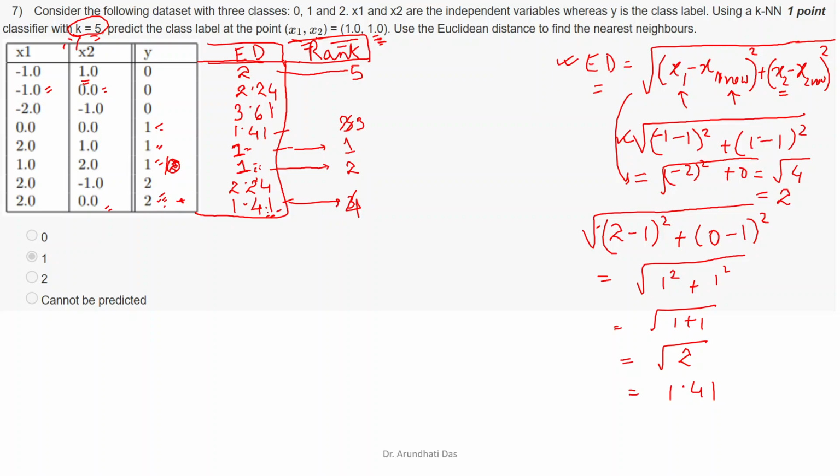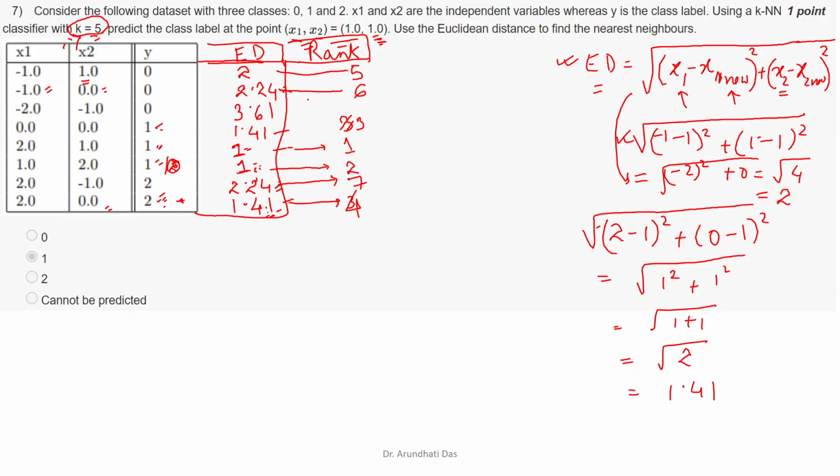Then after this, again this question has so many conflicts, right? Here 2.24 and the second last data point's Euclidean distance is also 2.24, but because this second one from the beginning comes first, I am giving it rank 6, whereas the second last one I am giving rank 7.